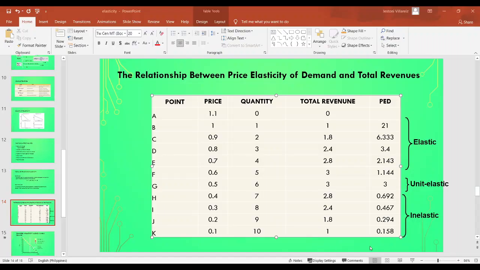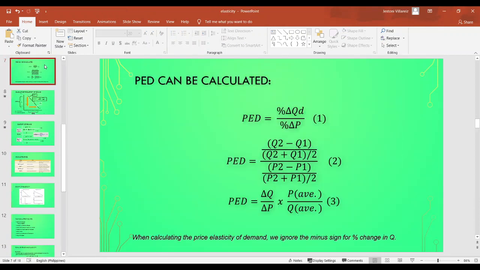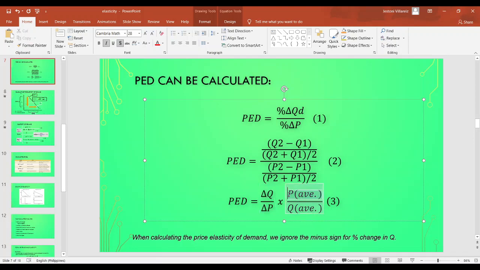Now going back to the formula earlier, where is the change in Q over change in P? It's this one, so we can use that. What we lack is the average for P and the average for Q. If we use the base method, we will just ignore the average and use either of the prices.